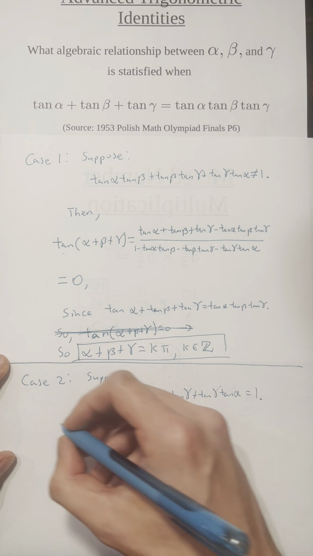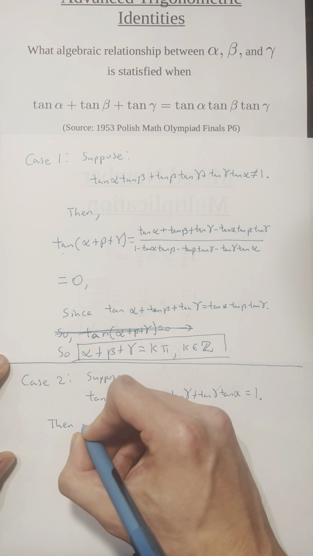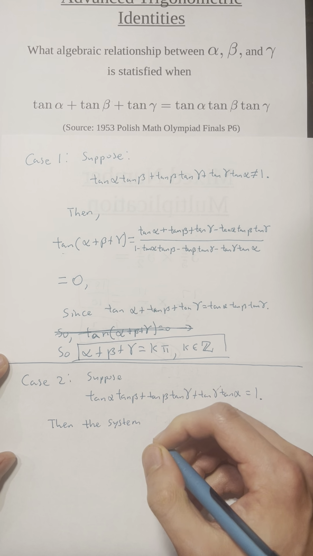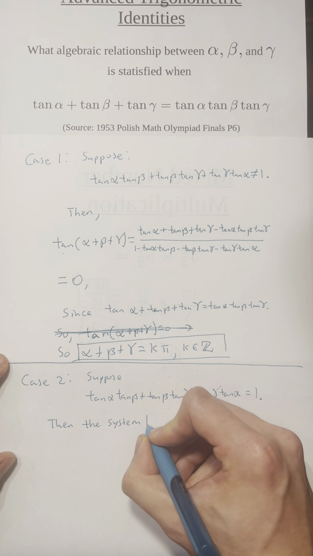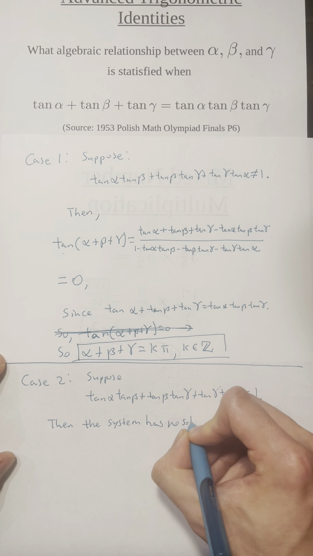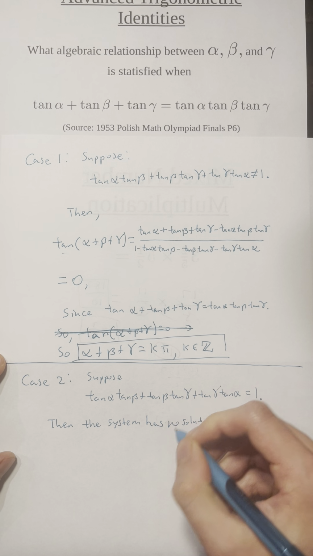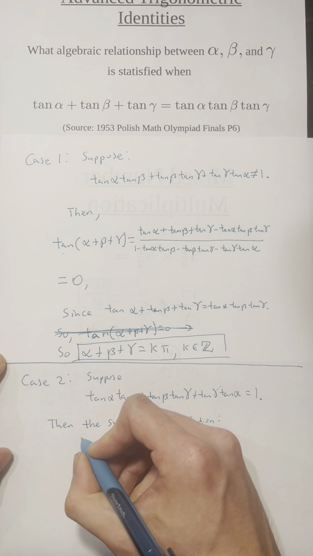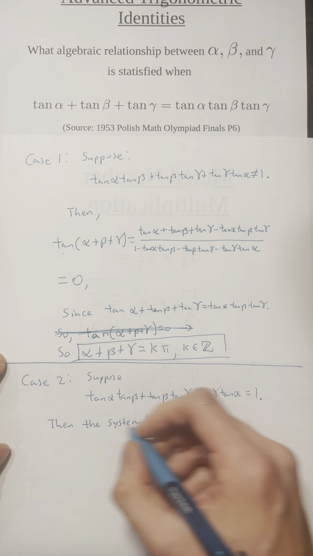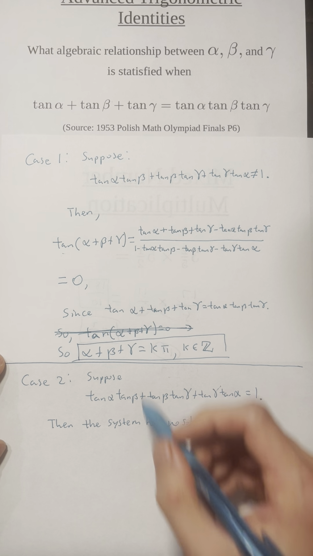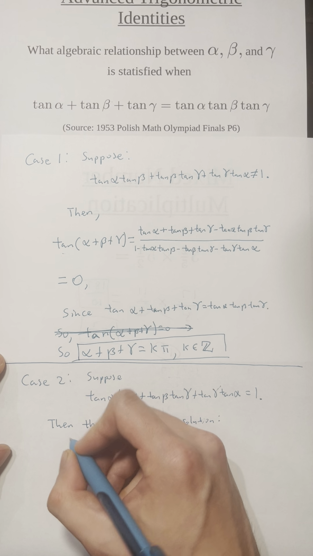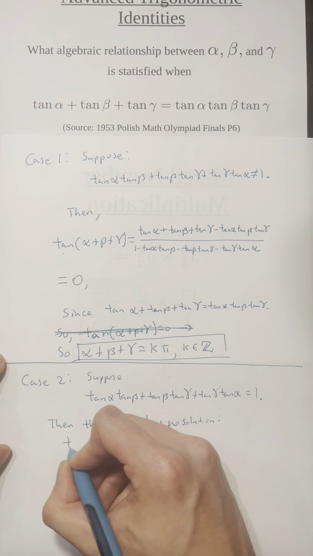Suppose that it's equal to 1, then the system has no solution. Okay, so it's going to be this, and then this. Okay. Here, I'll write this one first.